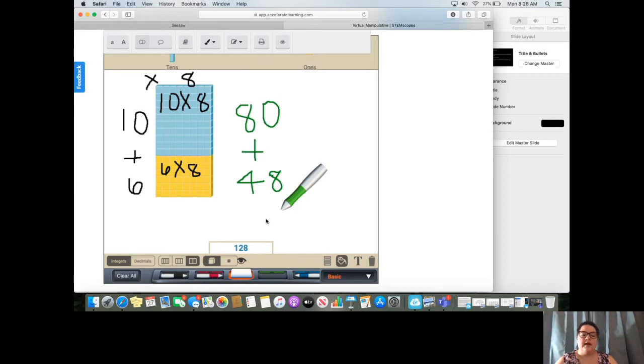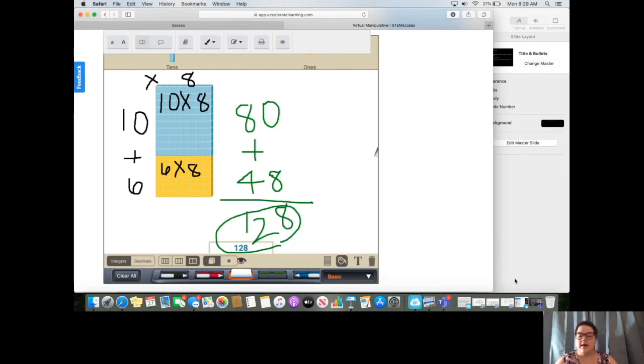Now we're going to add these two numbers together. 8 plus 0 is 8. 8 plus 4 is 12. So we've now checked our answer, it gave it to us down here, and it's right here.